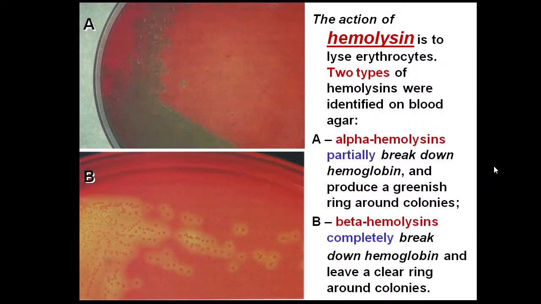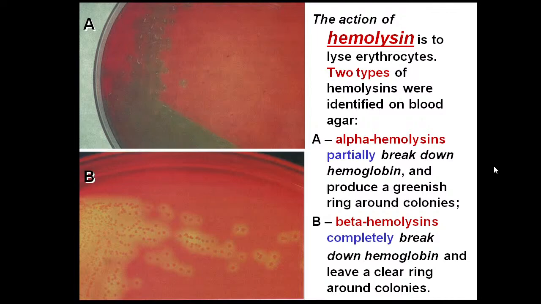So we have taken a look already at the hemolytic activity of Staphylococcus aureus, right? All right. This hemolytic activity is associated with the ability to produce an exoenzyme that is called hemolysin, or hemolysin, some people pronounce it. So this is the enzyme that lyses erythrocytes.